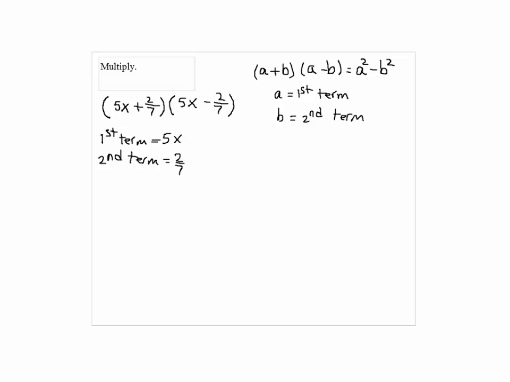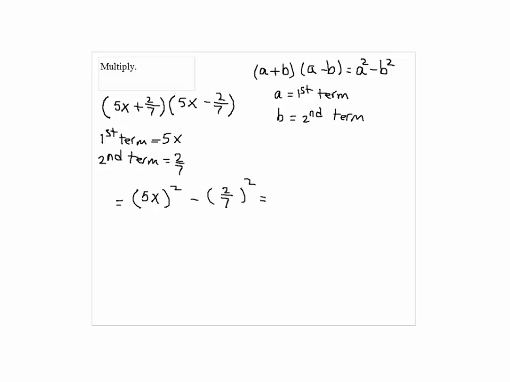In our case, the first term would be 5x. The second term is 2 over 7. So we do have a plus b times a minus b, which is called difference of squares. When you recognize the difference of squares, you don't multiply these terms term by term, although we get the same answer.